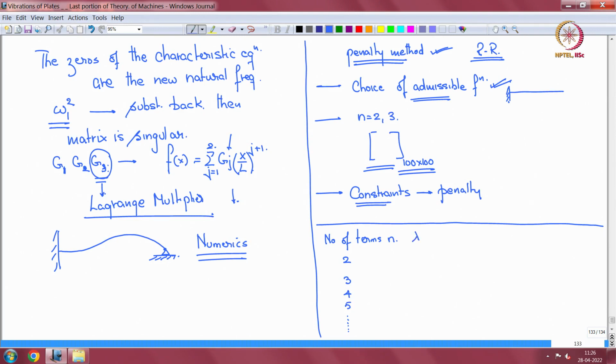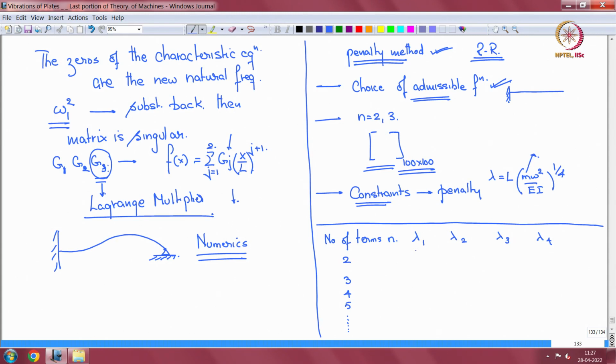The first frequency parameter, second, third, fourth frequency parameter. And what is it? This lambda is L times the fourth root of m omega square by E I, where m is mass per unit length.